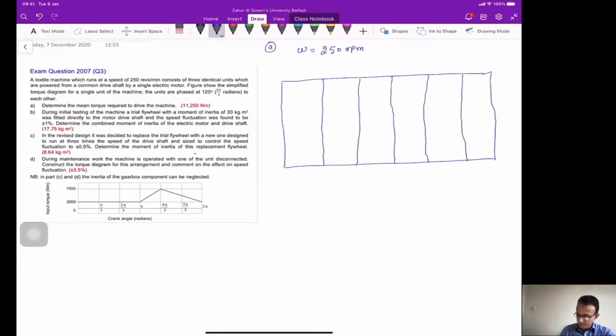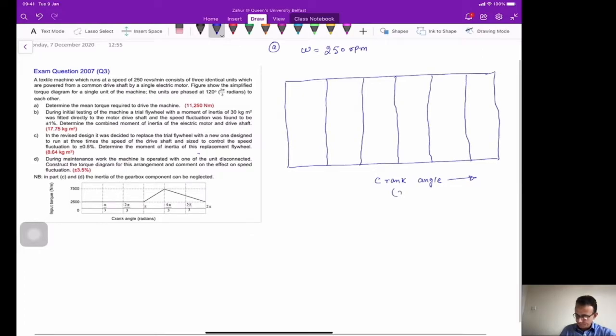On the x-axis we have the crank angle, which is increasing in this direction and is in radians. And on the y-axis we have torque, which is in Newton meters.